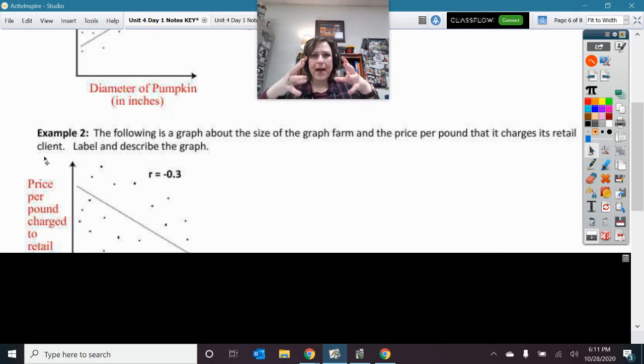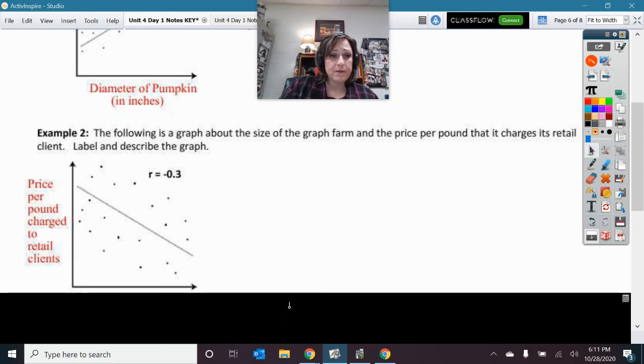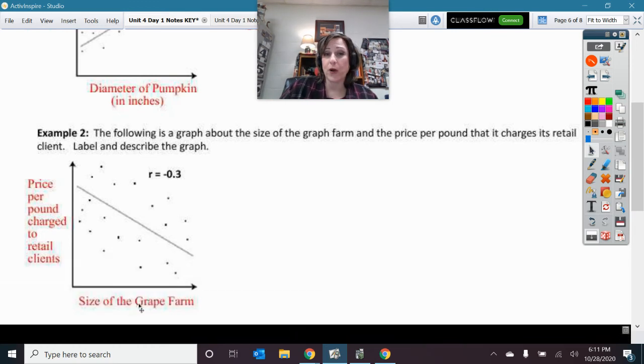Pretty much. If I buy in bulk, I'm going to get it a little cheaper. Okay, maybe that's going to be the same when the farm is selling it to its retail clients. So let's take a look. I'm labeling first. I'm saying the size of the grape farm is going to be my explanatory variable with the price per pound charged as the response.